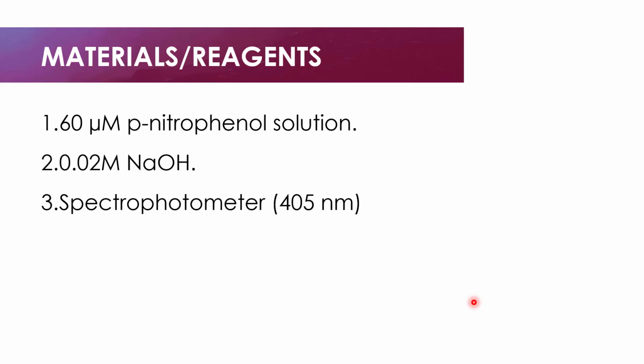Now let's look at the materials and reagents that are needed to plot this calibration curve. The first is 60 micromolar p-nitrophenol solution. The second is 0.02 molar sodium hydroxide, and we also have the spectrophotometer of wavelength 405 nanometer.